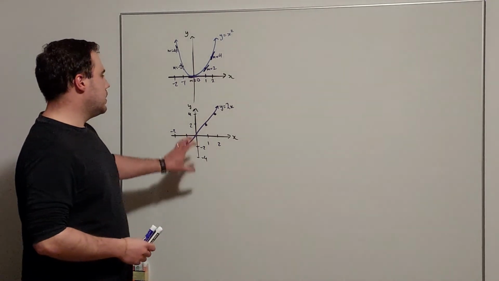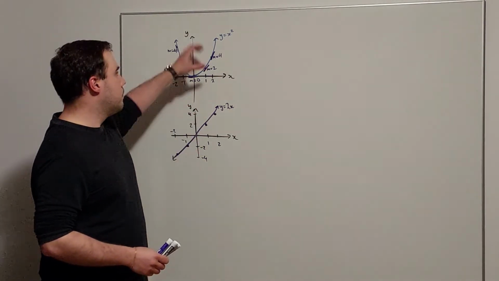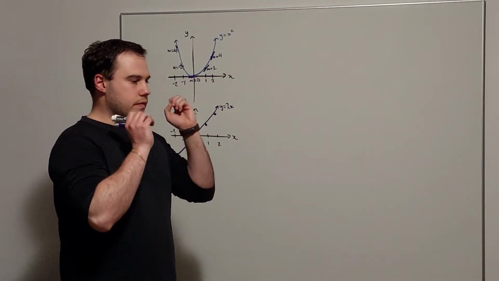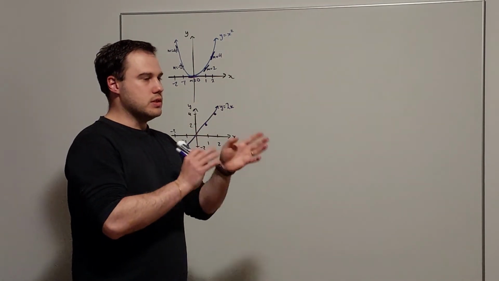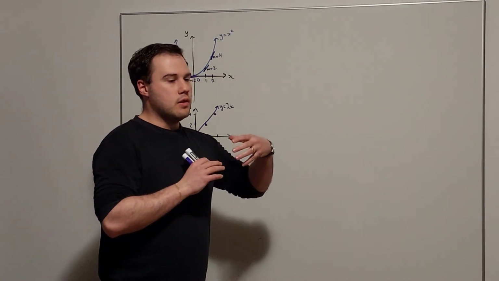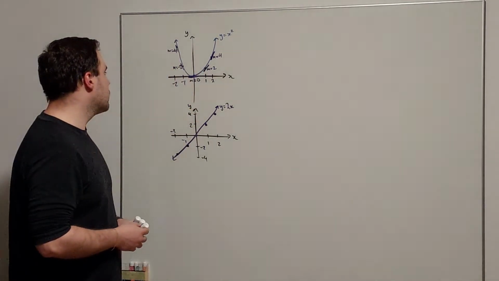So this here is called the gradient function of this other function. We have a function, we can find gradients of the tangents at specific points, and they themselves form a pattern for which we can identify a function as well.